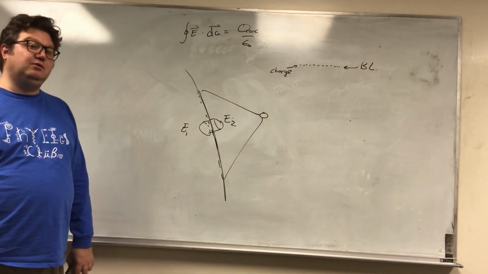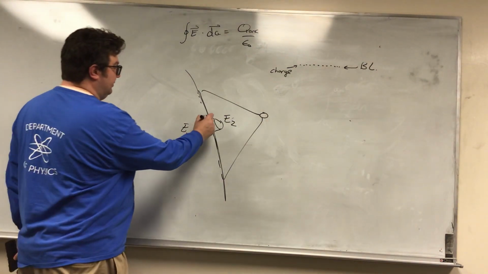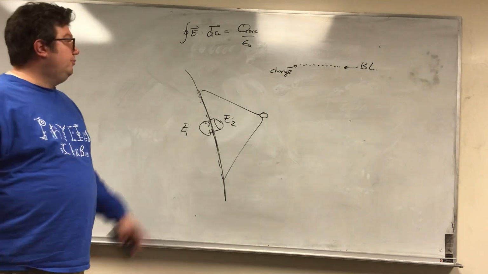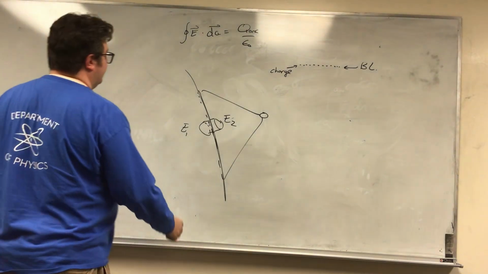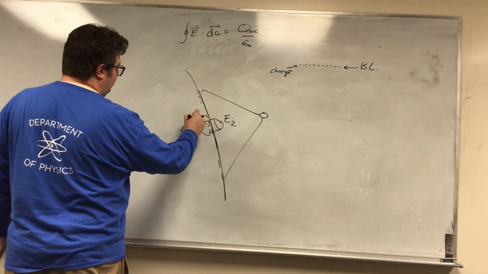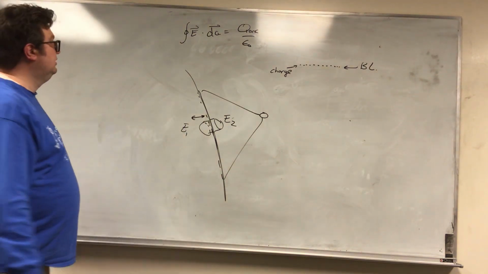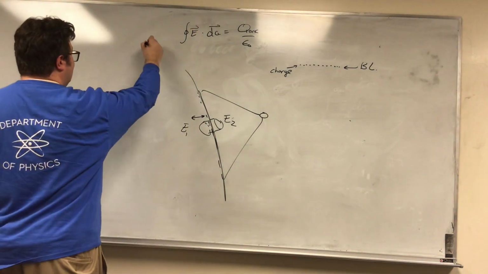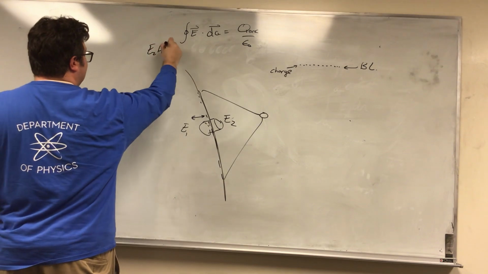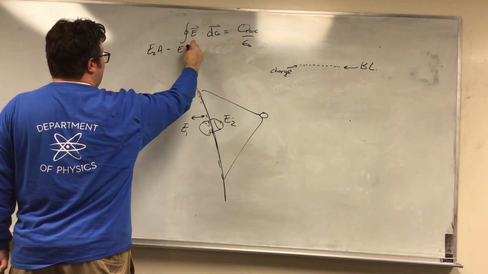They may not be equal because there's charge in the middle. But I do know, by looking at Gauss's law, that you're going to have E2A minus E1A.